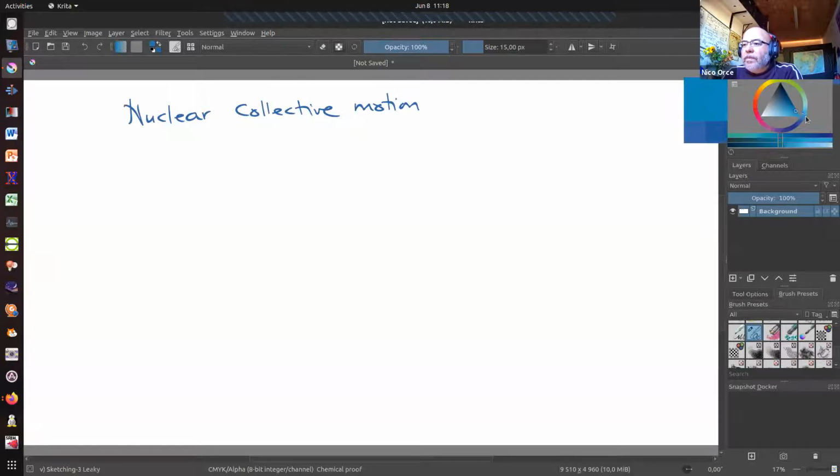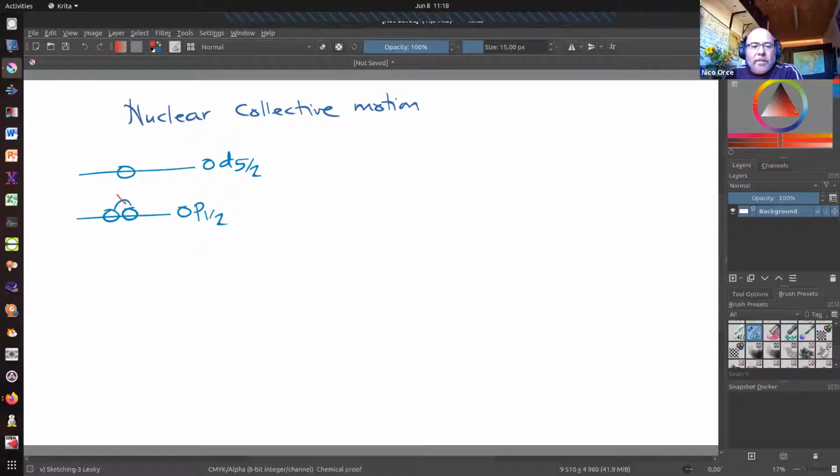we learned about how we have two particles in the 0p1/2, right? And these guys are normally coupled. And then we have one extra particle here in the 0d5/2. And then suddenly we broke a pair, right?